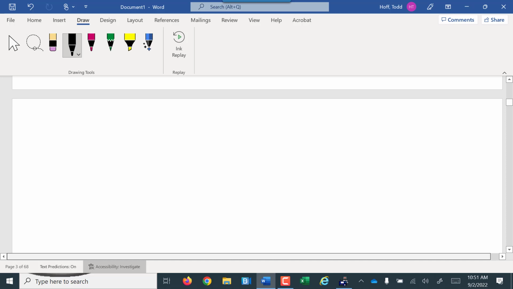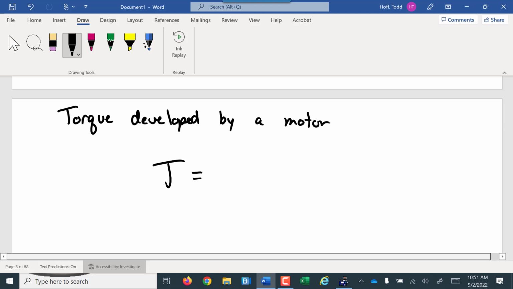Well, how do we know what a motor is capable of supplying? It is not exact, but a good approximation of the torque developed by a motor, it's a constant that comes into play. This comes from the fact of horsepower being 746 foot-pounds, or I can't remember the exact number anymore.